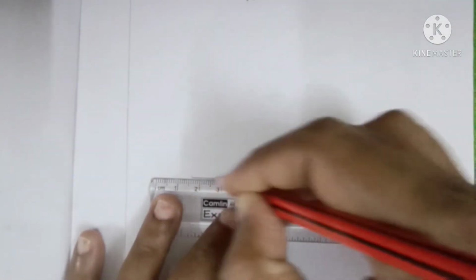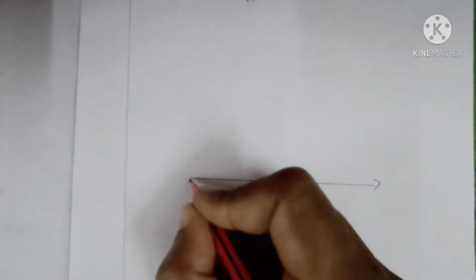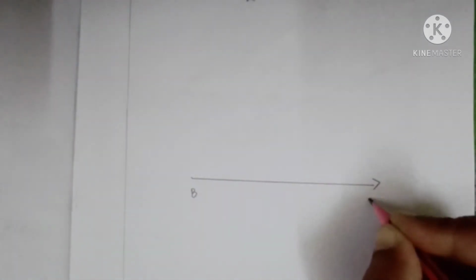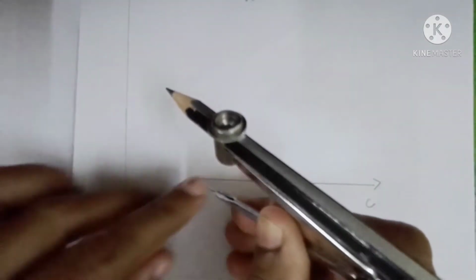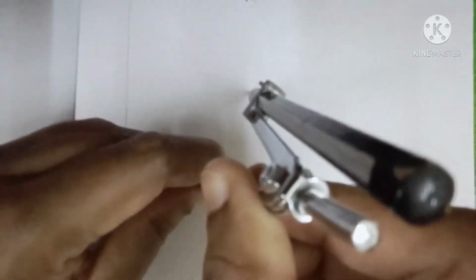So first of all, draw a ray BC and take your compass with B as center, with any radius, draw an arc.